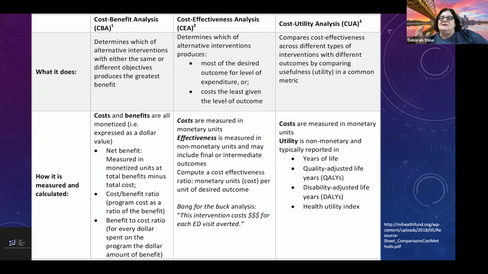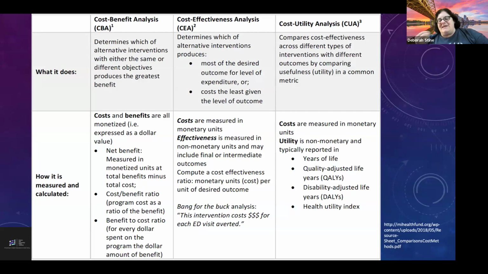And with cost utility analysis, what you're looking at is the quality of what's occurring. So, for example, you can live longer if a certain health intervention is done, but if you have Alzheimer's or something and you have no idea what's going on, what is that quality of life to you?